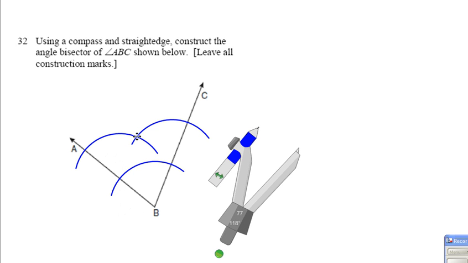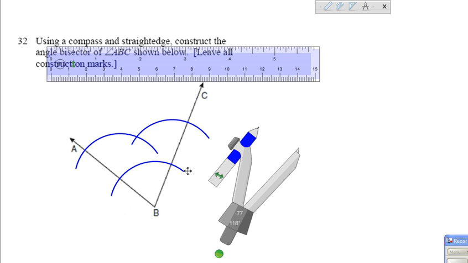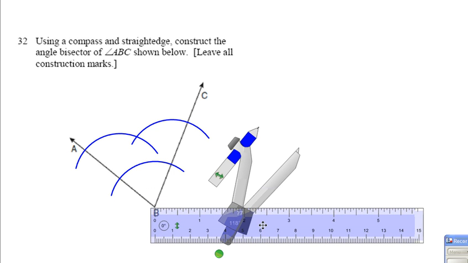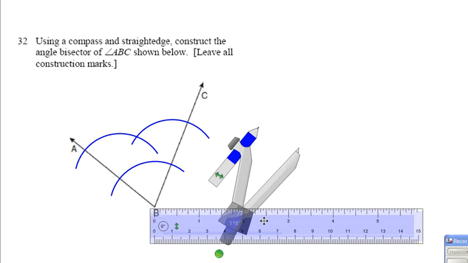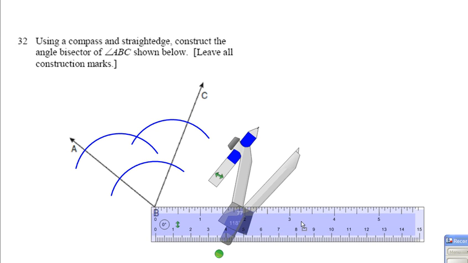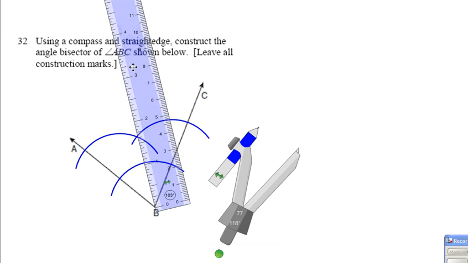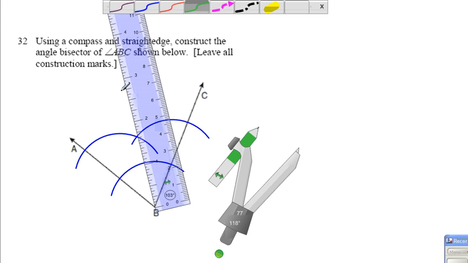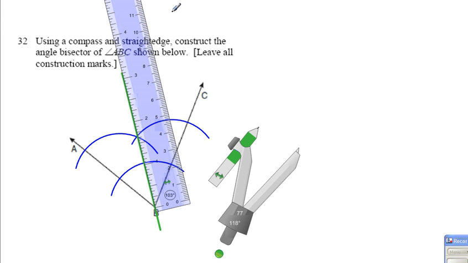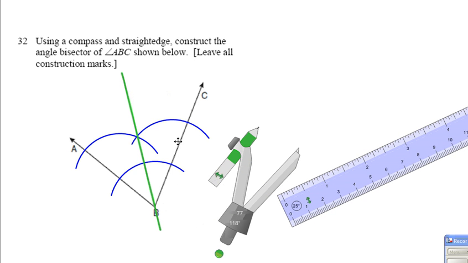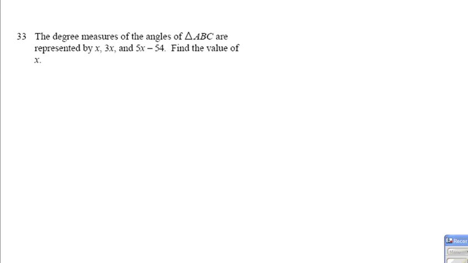Then we see that it matches right over here. Then we can bring out a ruler, go to the point of intersection, and draw a straight line right here. Then that becomes the angle bisector. Alright, number 33.